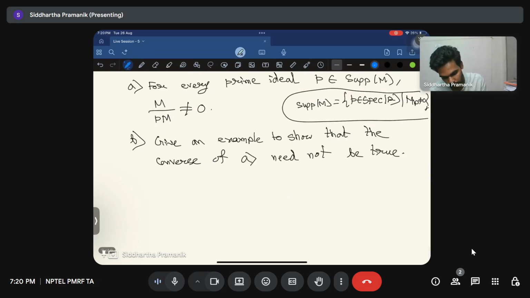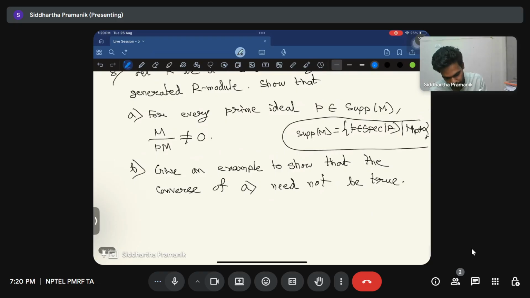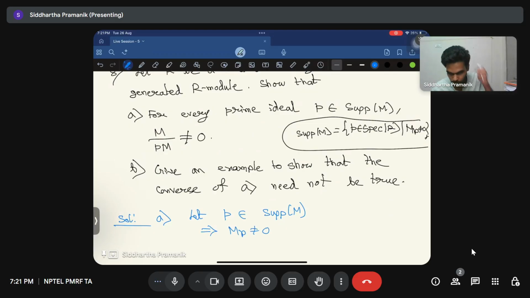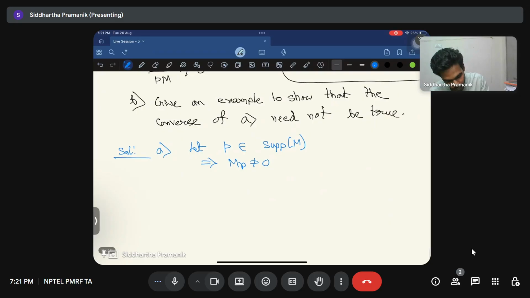So let's solve this. Let P belong to the support of M. That means M_P is a non-zero module. But using Nakayama's lemma, we can say that M_P is not equal to PM_P.